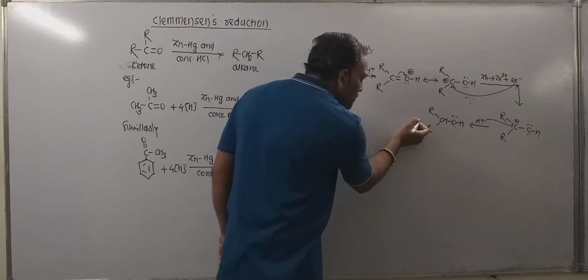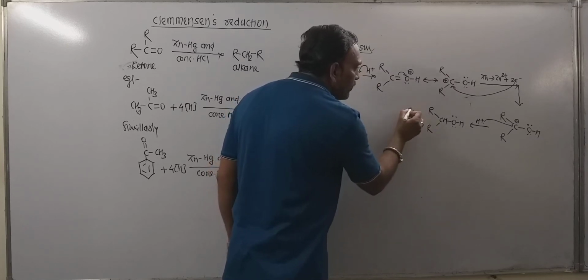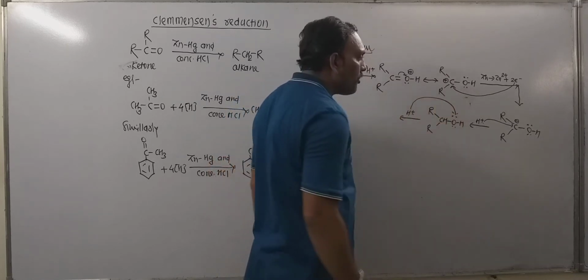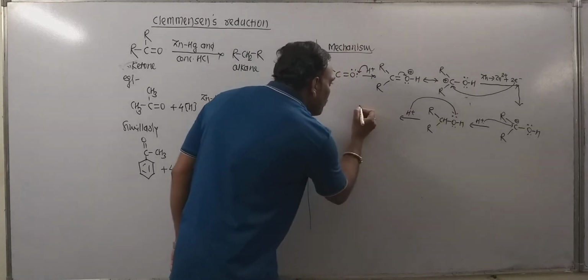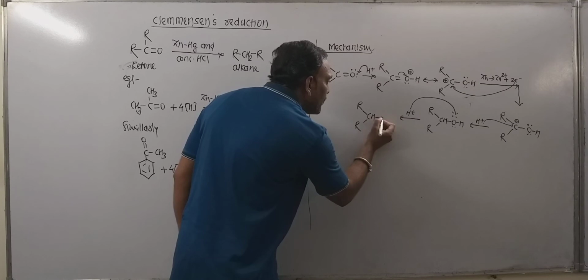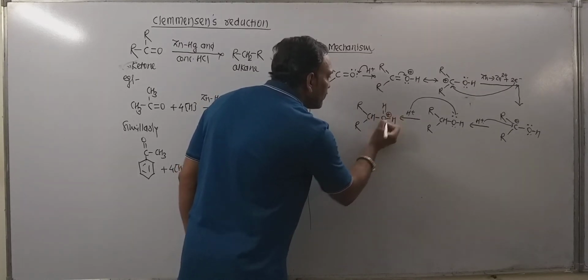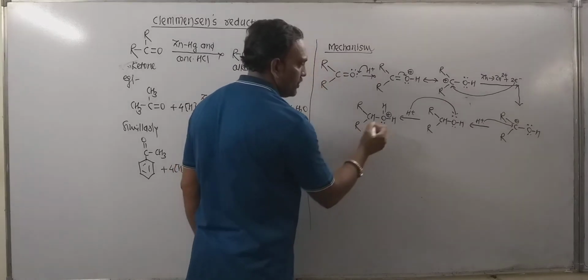Now this species so obtained gets protonated again. The proton attacks the electron-rich oxygen, and protonated alcohol is formed, which may be represented as. Now at this point, what happens?